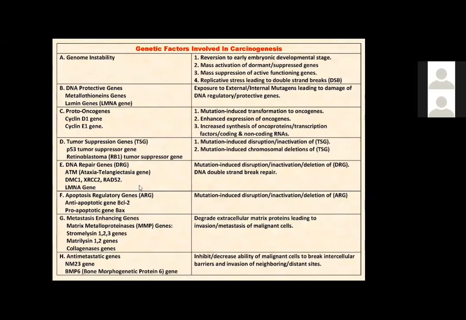Then we get to what we call apoptosis regulatory genes. As we know, apoptosis is a programmed cell death. This is the definition of apoptosis. Apoptosis is a very important protective mechanism. Why? Because with time, mutations accumulate in our DNA, both mitochondrial DNA and nuclear DNA. And with time, if these mutations are allowed to stay for longer times, they can convert some of the proto-oncogenes into oncogenes.